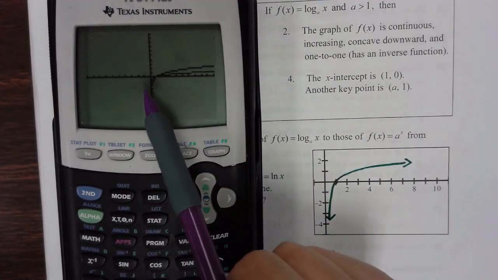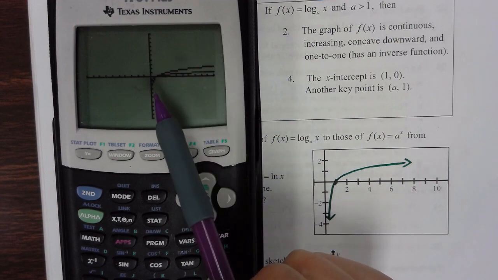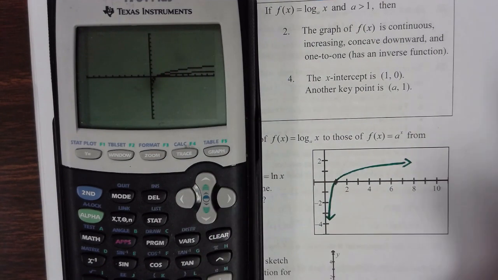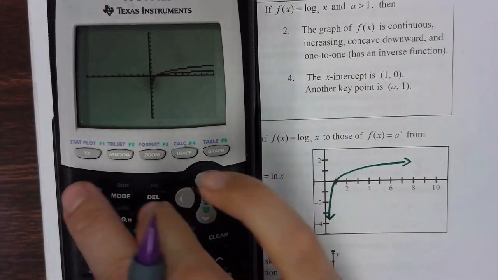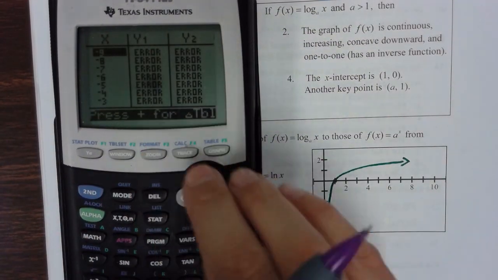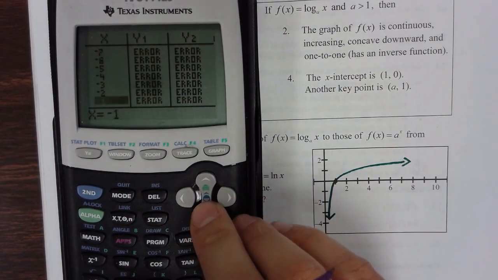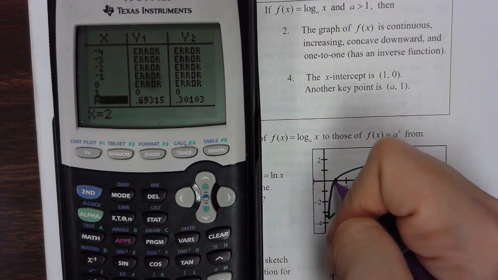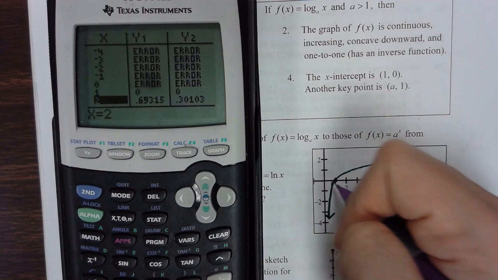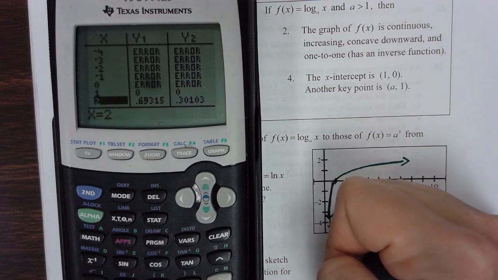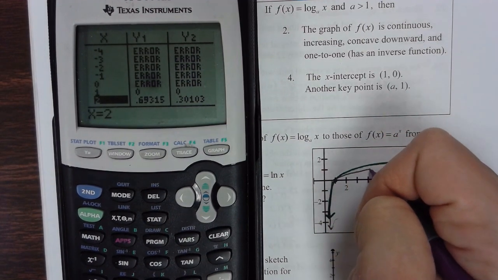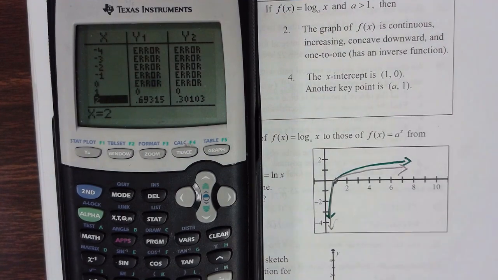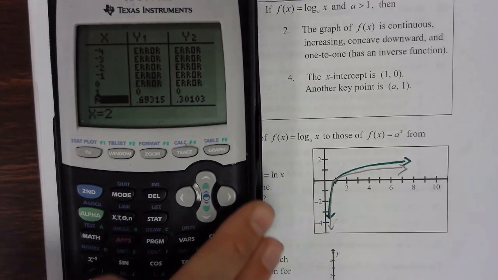So remember the original was ln, and our log base 10 is on the bottom here, but we are still going through, and I'll prove it to you, we are still going through (0, 1). Okay, so again, asymptote down here, but it's going to be lower than our ln.